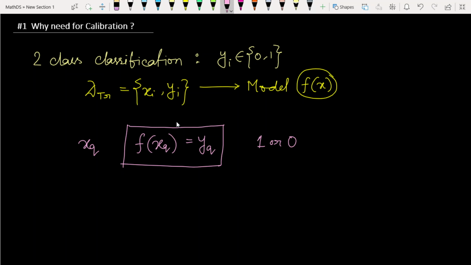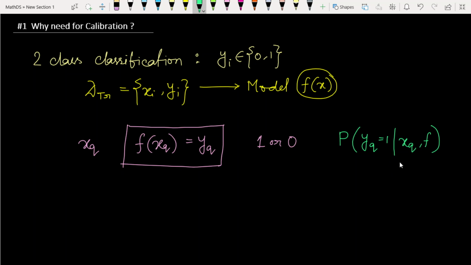So in such cases, instead of using 0 or 1 for a classification, if we use some probability concept, then analyzing this model will be better. Like the probability that the output yq is 1, for a given query point xq and a given model f.